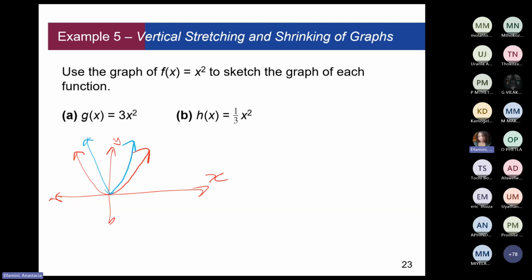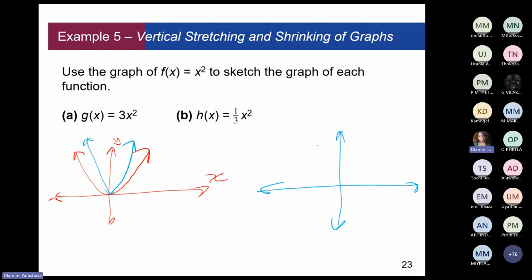I don't want you to draw it with points; I just want you to understand that when you're stretching something vertically, the balloon becomes thinner than the mother function or the parent function, and the parent function is x squared. Do you see that? So now for B, what are we doing? We're shrinking, ma'am.